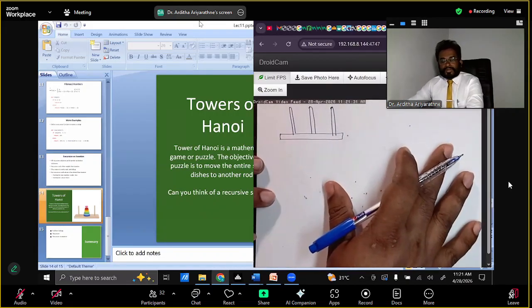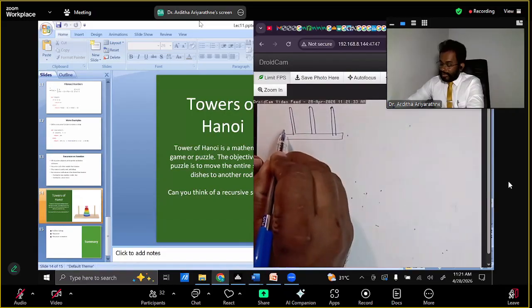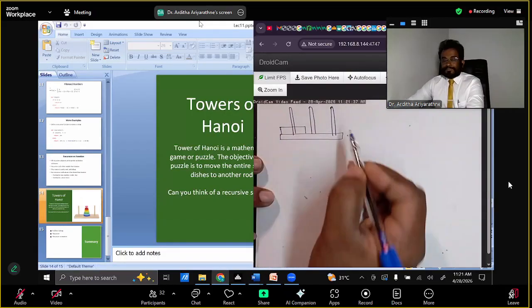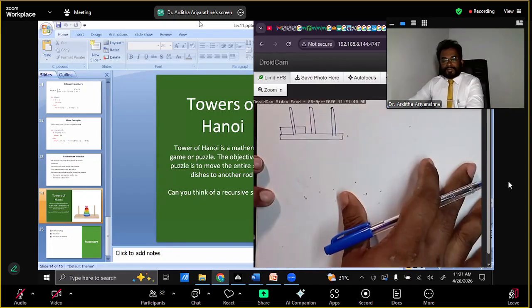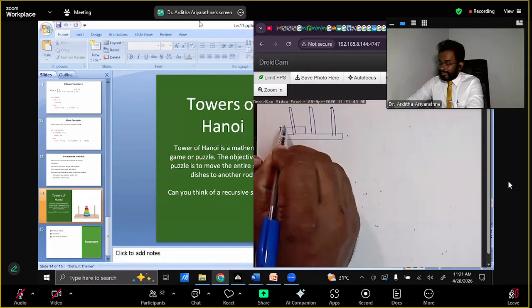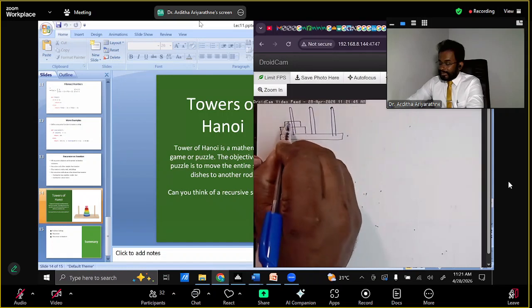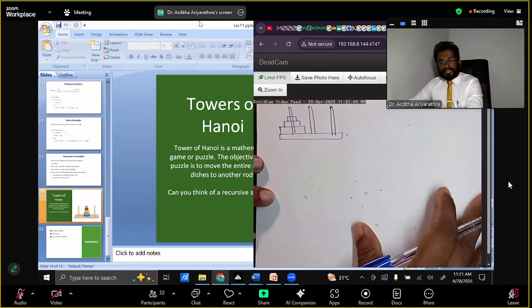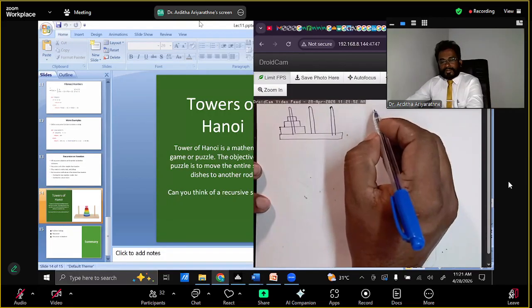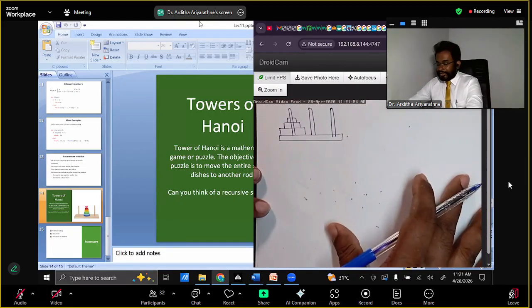This is the starting position of the game, with one pole having 3 discs: one large disc, a middle disc and a small disc. This is the basic version of Towers of Hanoi, right? Then what is the challenge in this game?